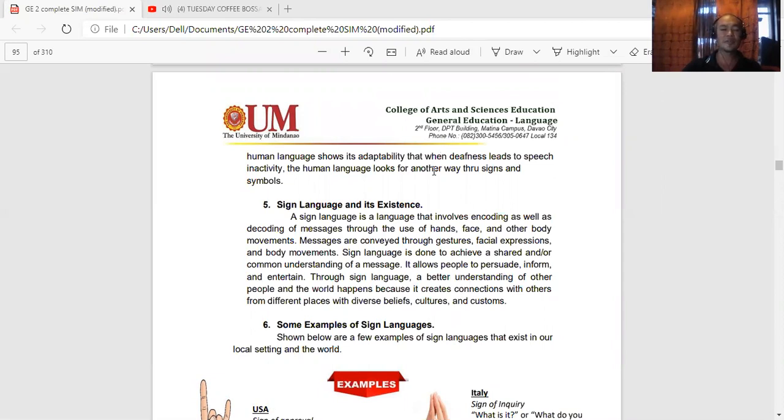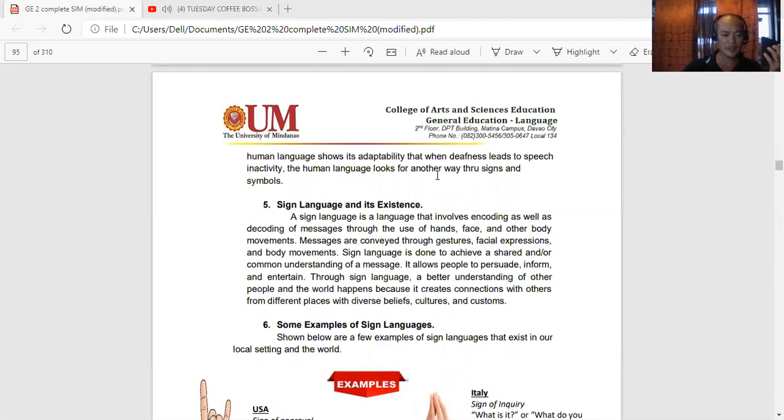So this reminds me of Helen Keller, who was born as a normal child, but at the age of 1 year and 7 months, she encountered a special kind of fever that disabled her sight and hearing. So at the age of 1 year and 7 months, she became blind and deaf.